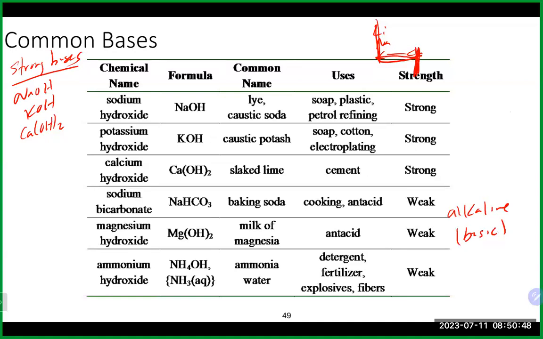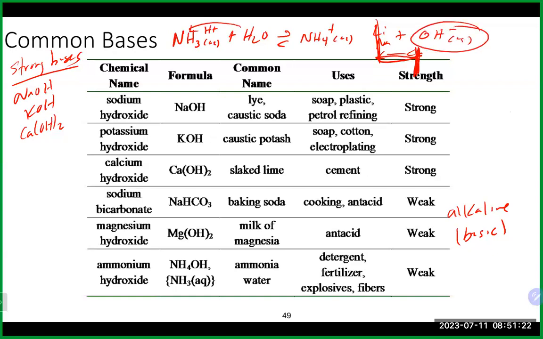Not all bases will have hydroxide in the formula. Some weak bases are able to produce hydroxide in solution, which is why they're still considered a base, and ammonia is an example of that. Ammonia does not have OH in it, but when it reacts with water, it will pick off an H plus from water and make NH4 plus and OH minus.